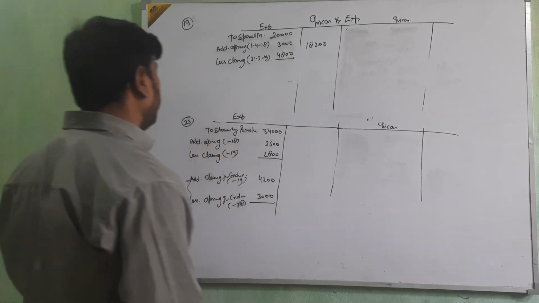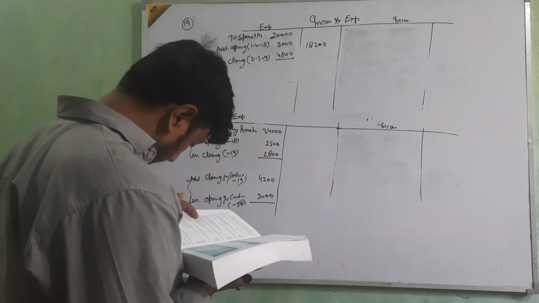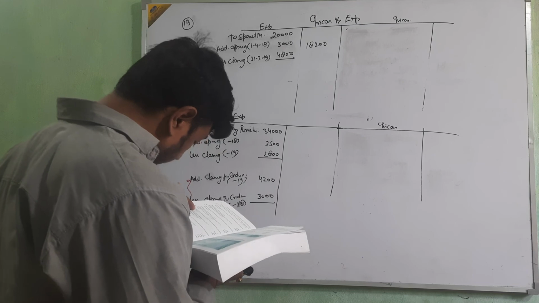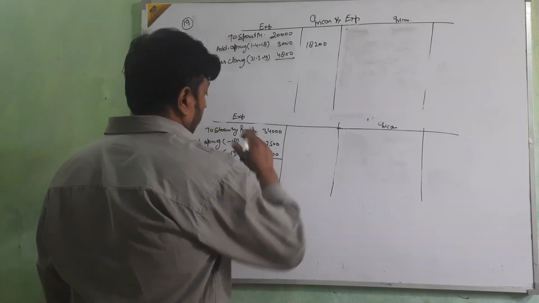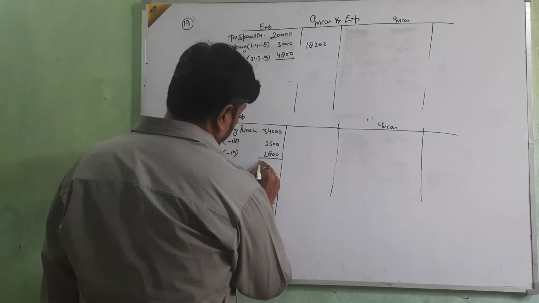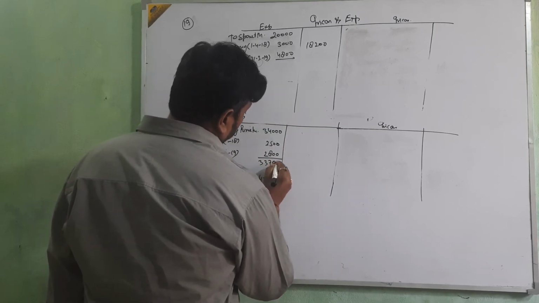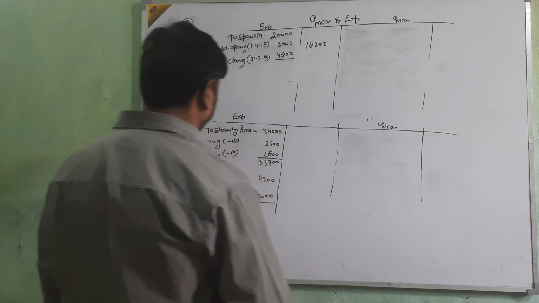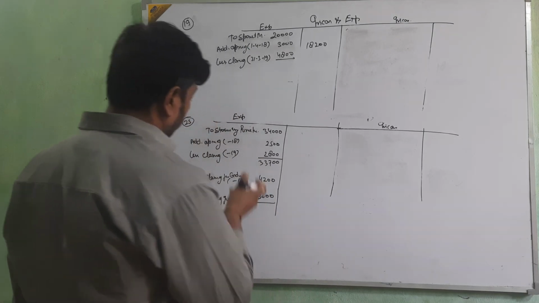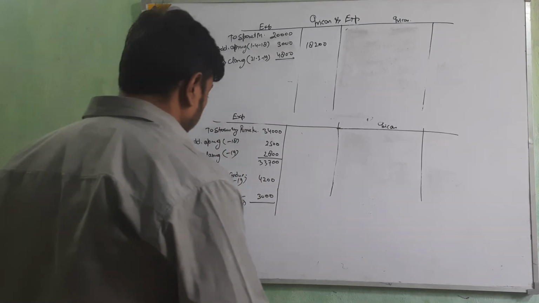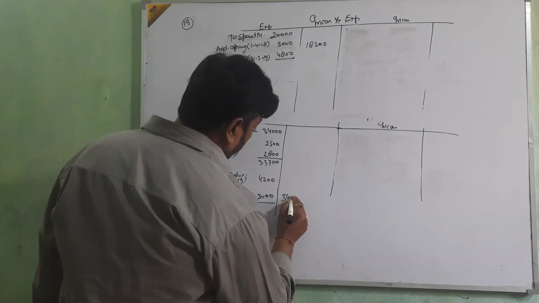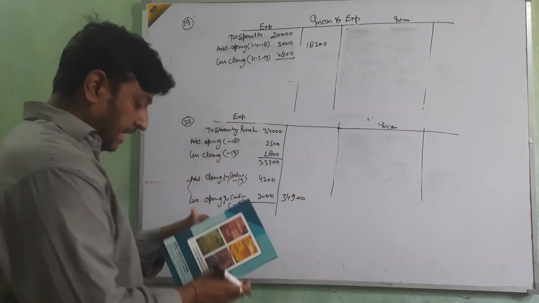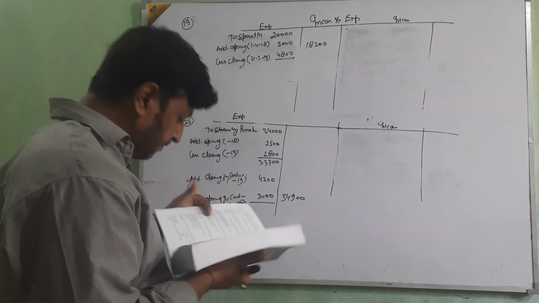Then see what amount is coming. 34,900. Here less amount 300, more 33,700. Okay beta? Then add amount 1,200 more. It means 34,900. Okay? Answer will come.